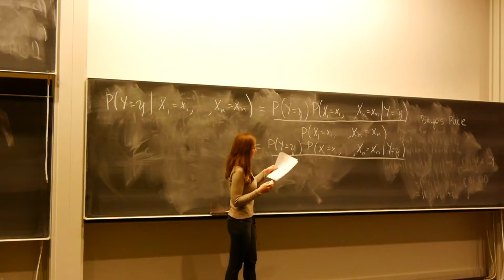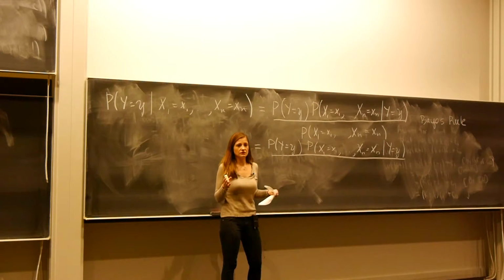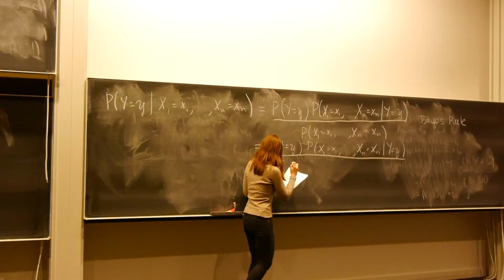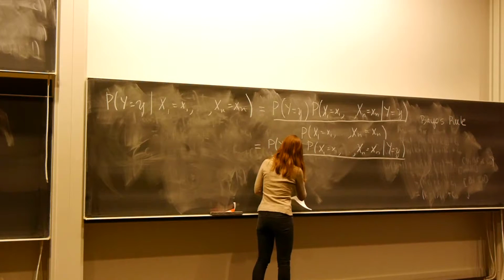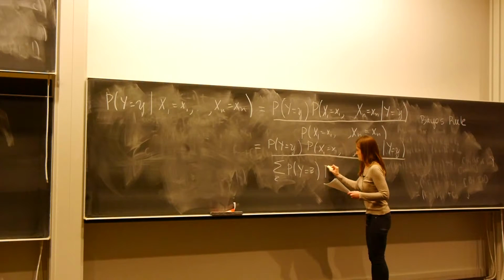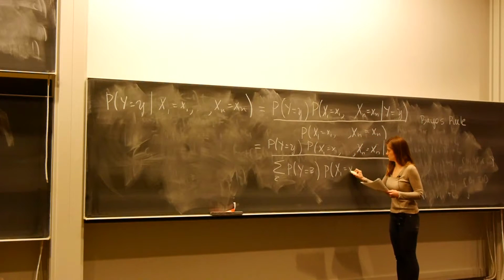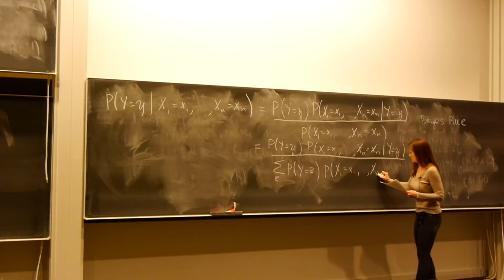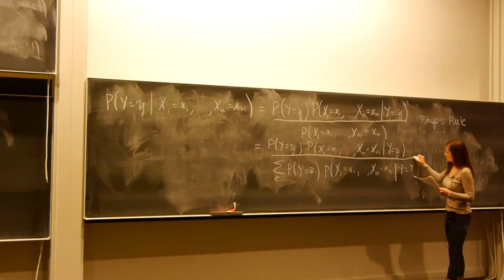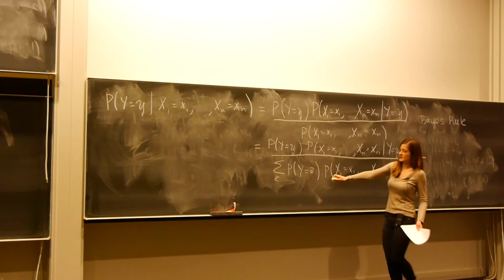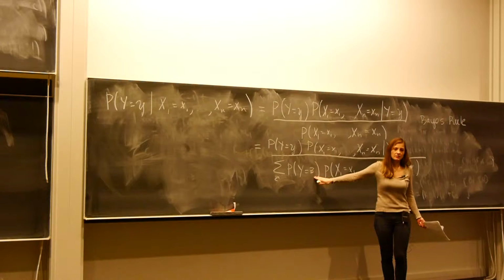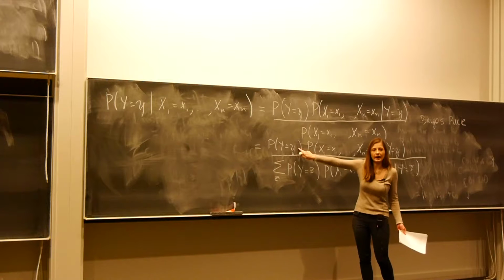So how do we do that? Well, we can use marginalization followed by the chain rule to write it like this. Where here, when I write a sum over z, it's just a sum over all possible values that y can take on, but I'm using z to differentiate from y up here.